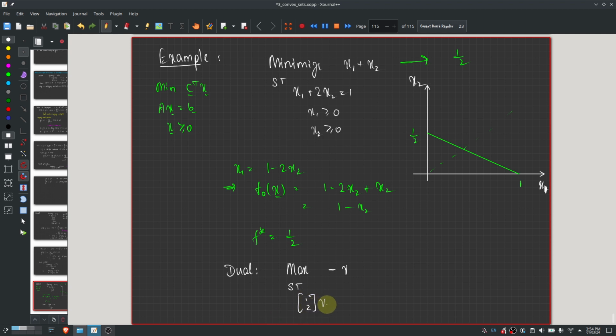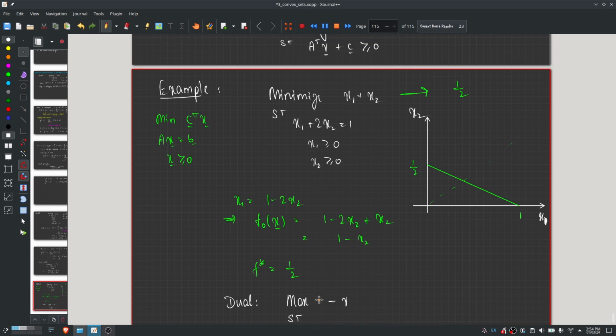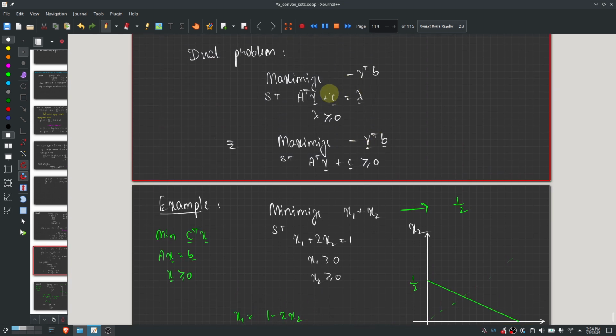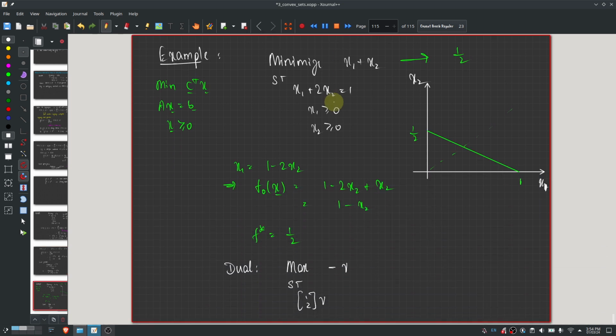This is my A transpose, this is nu, plus c is greater than or equal to 0. What is c? c is just 1 comma 1.